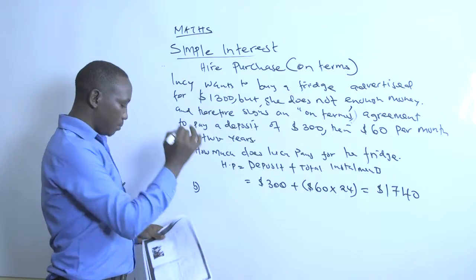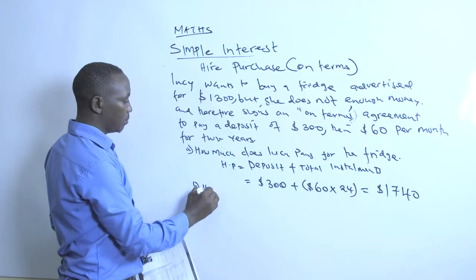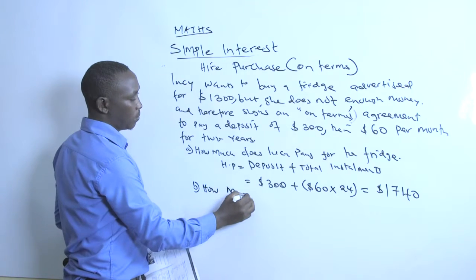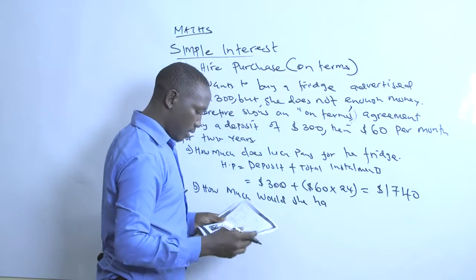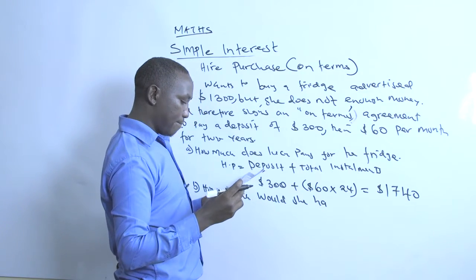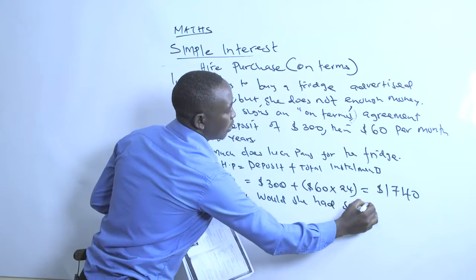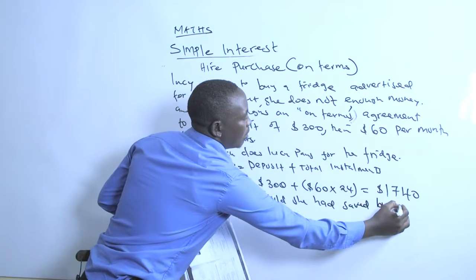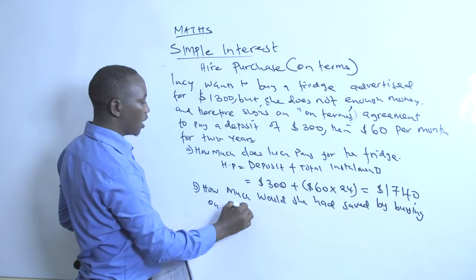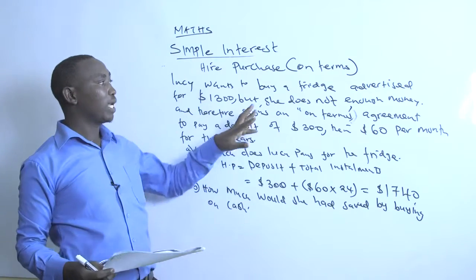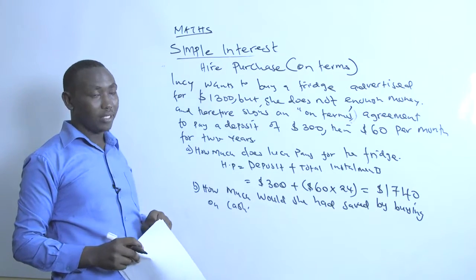Question B: how much will she have saved by buying on cash? The cash price of the fridge, which was the advertised price, was $1,300.